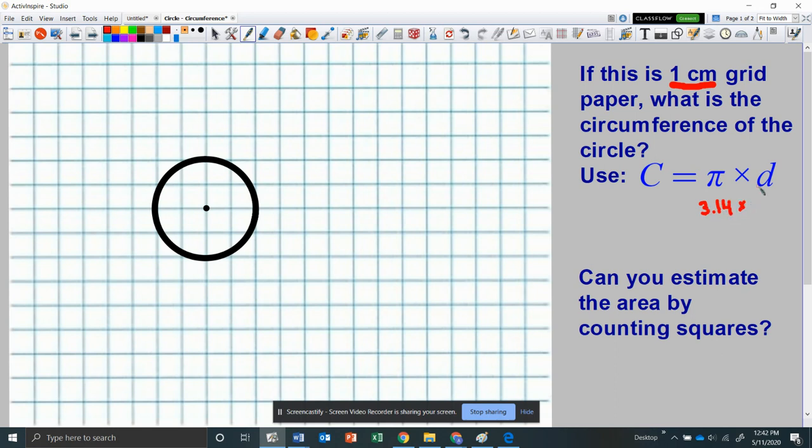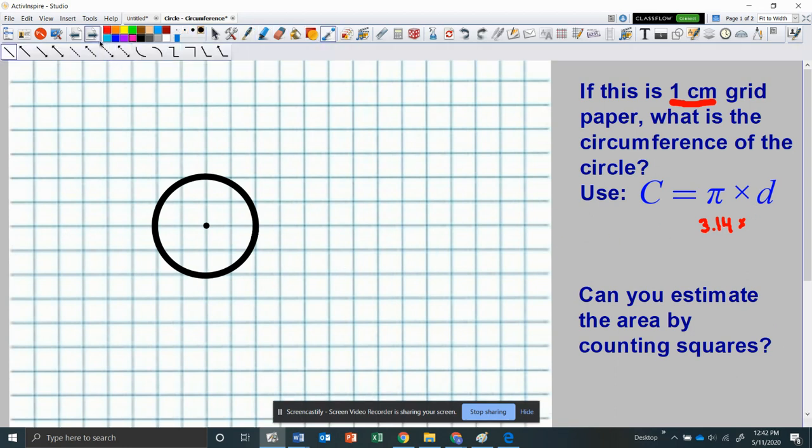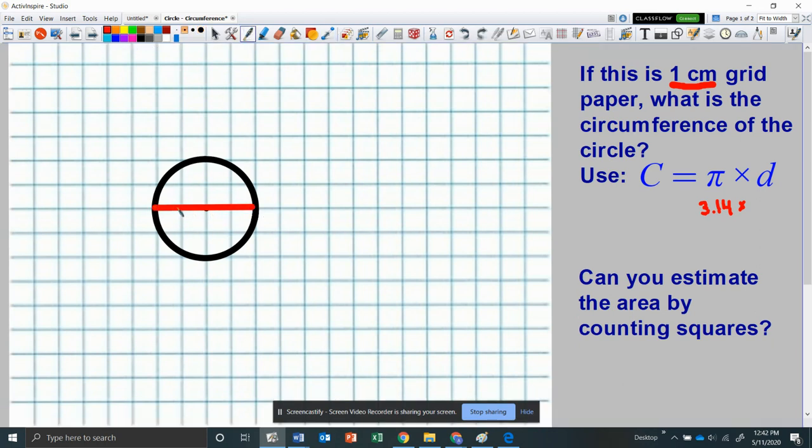And then we're going to multiply that by the diameter. Now, the diameter is not given to us, but we should be able to look at this and say, wait a second, I can see the diameter. If this is 1 centimeter grid paper, then this is 1 centimeter, and that's 2, and that's 3, and that's 4. So I should be able to put 4 in there for the diameter.